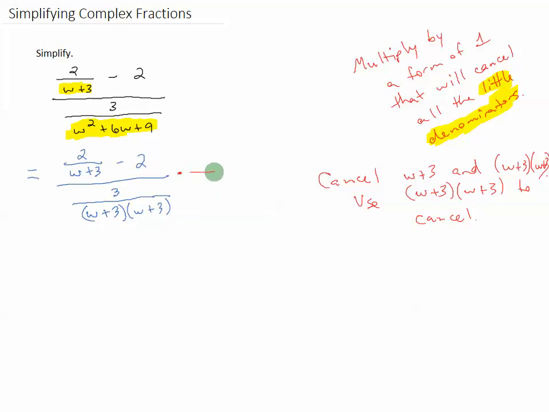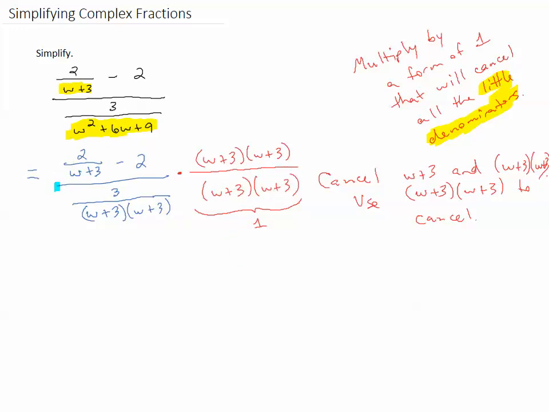So we have to multiply this fraction by a form of 1. So this thing, whatever it is, has to equal 1. And we want w plus 3 times w plus 3 to be in there. So I'll make that my numerator. If this fraction has to equal 1, then my denominator also has to equal w plus 3 times w plus 3.